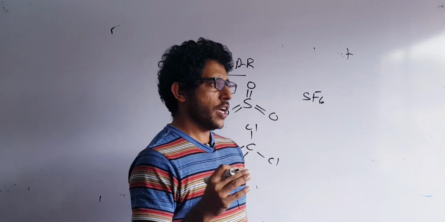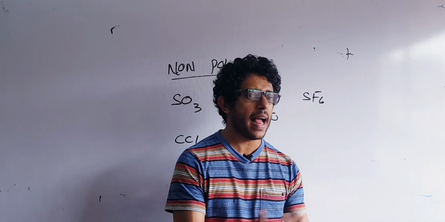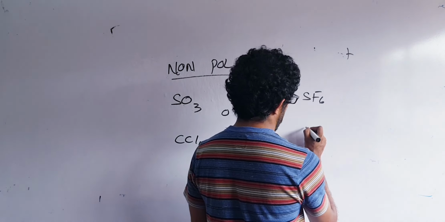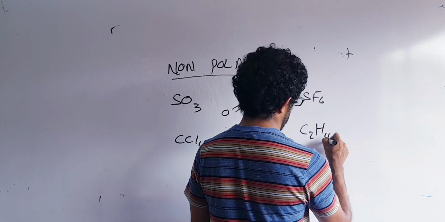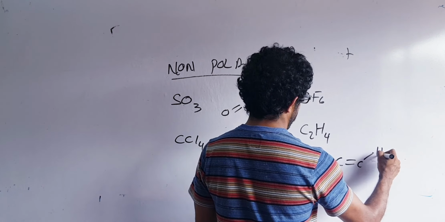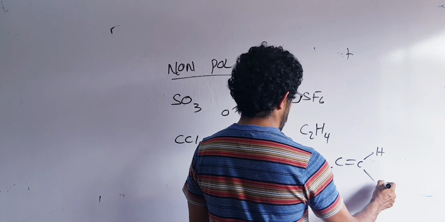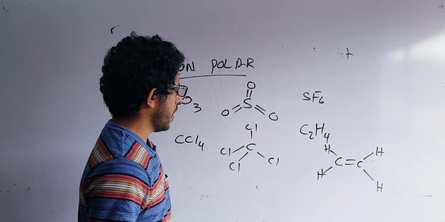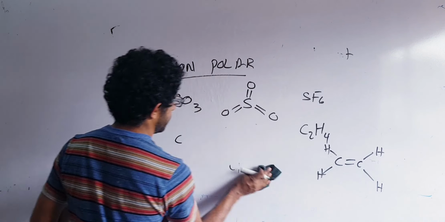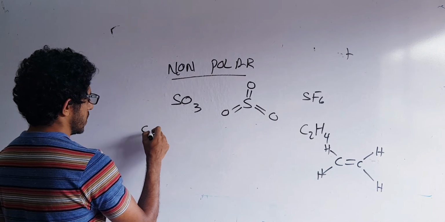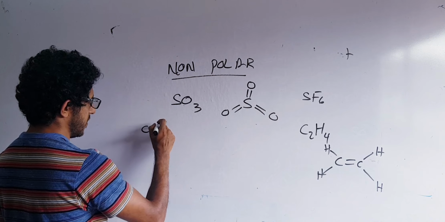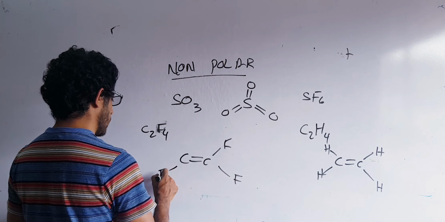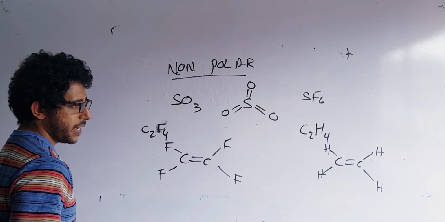Other than that, you can have organic compounds. Normally we say alkanes are non-polar. Alkenes can also be non-polar, like C2H2 and C2H4, if the effects of the hydrogen atoms get cancelled off. Similarly, a molecule like C2H2F2 can be non-polar because the effects of the two fluorine atoms get cancelled off.